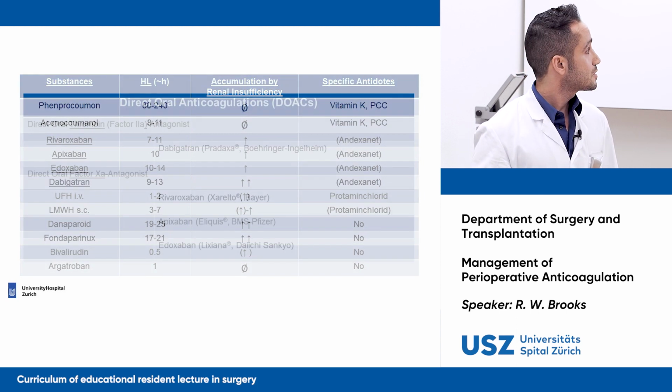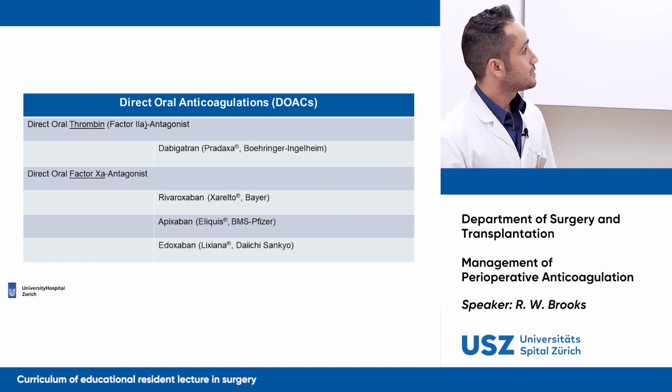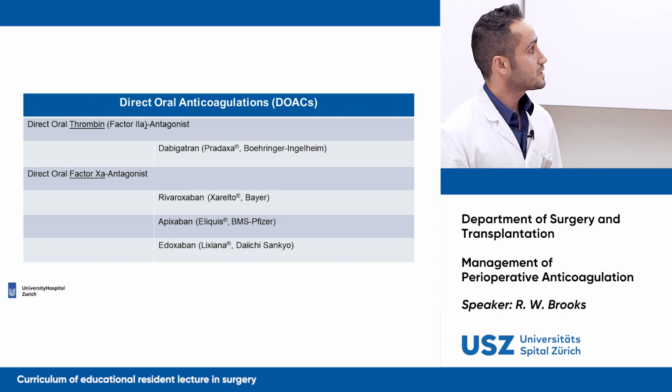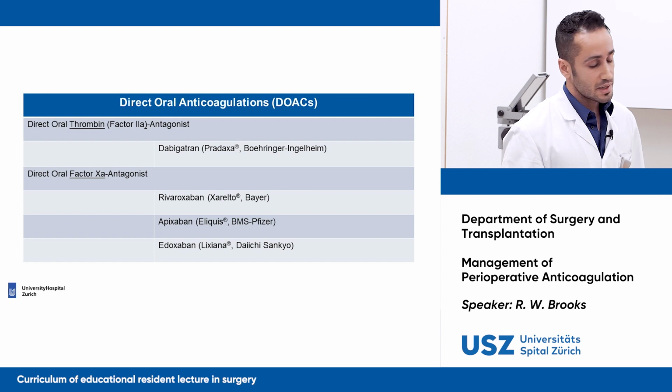The direct oral anticoagulants can be separated into two groups: the direct oral thrombin, or factor 2A, antagonists, and the direct oral factor 10A antagonists. We know dabigatran as Pradaxa, rivaroxaban as Xarelto, apixaban as Eliquis, and edoxaban as Lixiana.